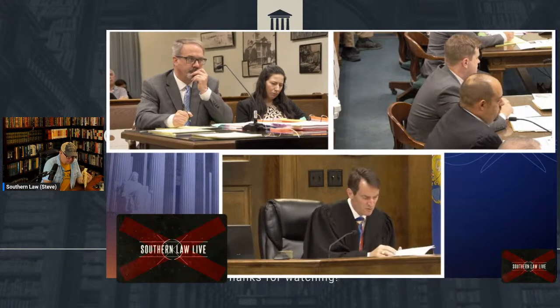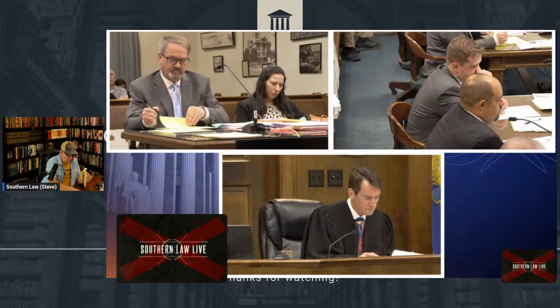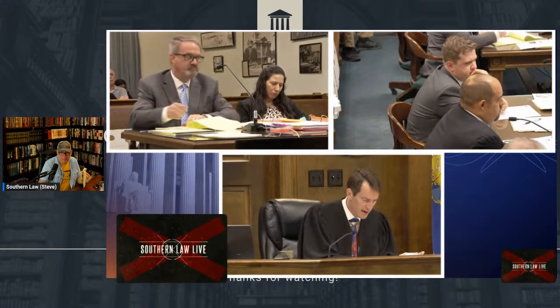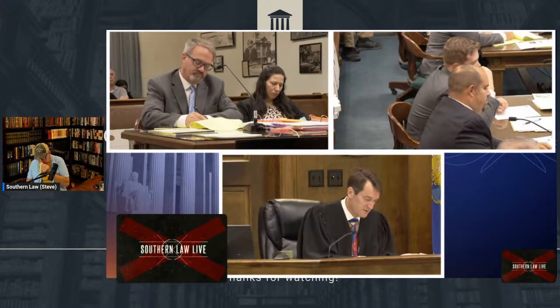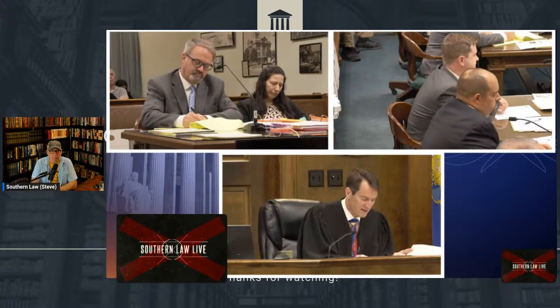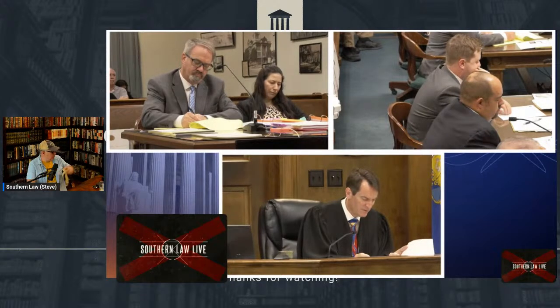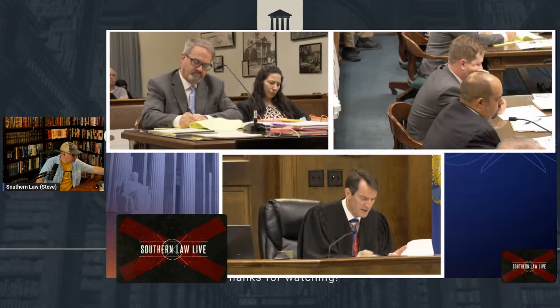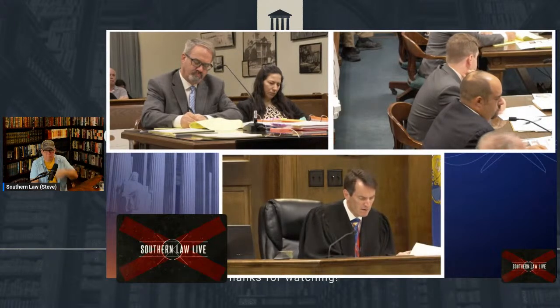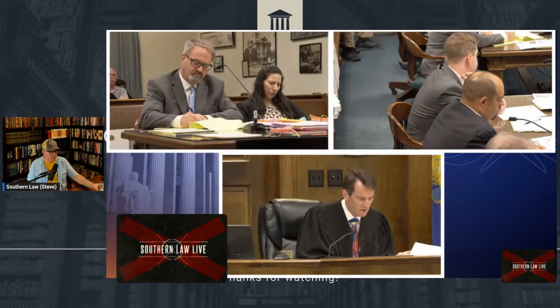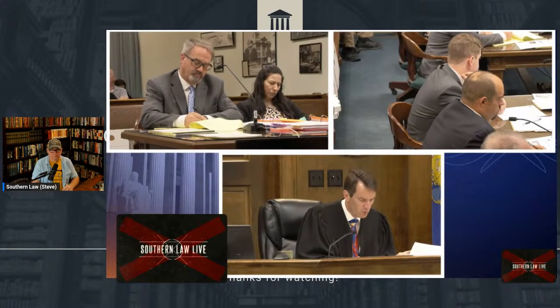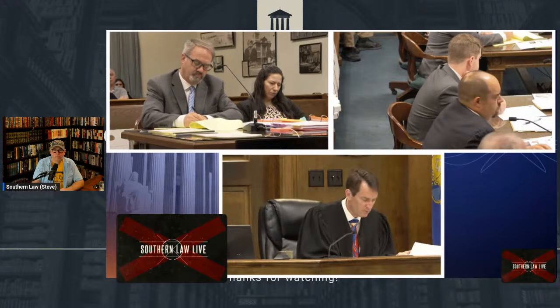And one of those elements, of course, regarding homicide is an intent element. That's element number 2 on the homicide. And if you look at the jury instruction, it explains to the jury what they can look at.